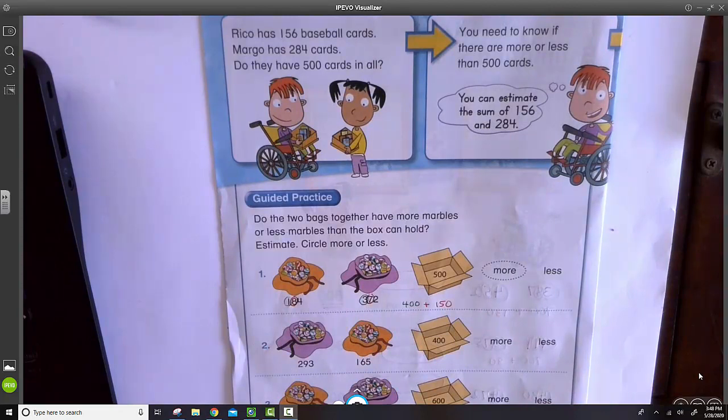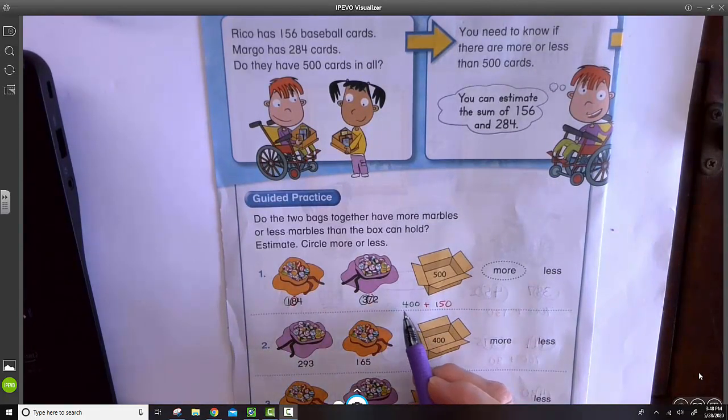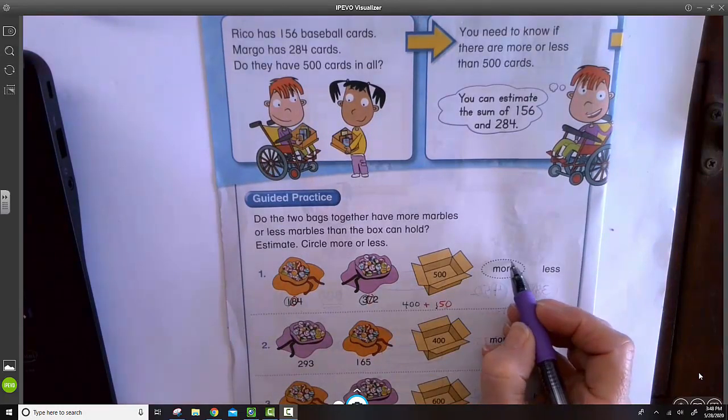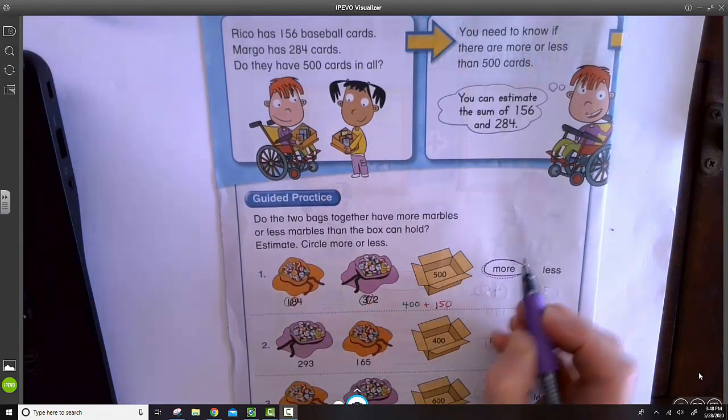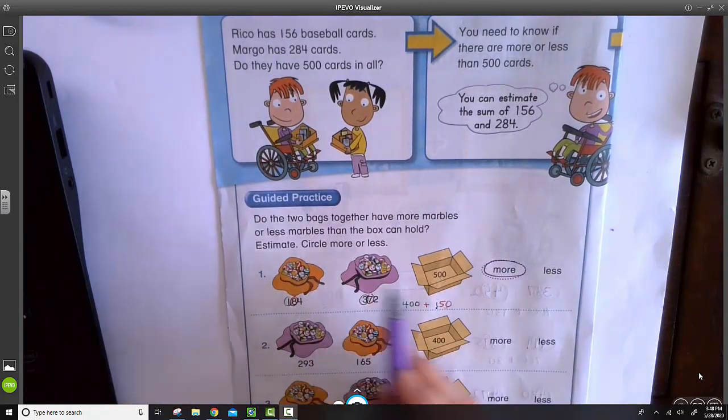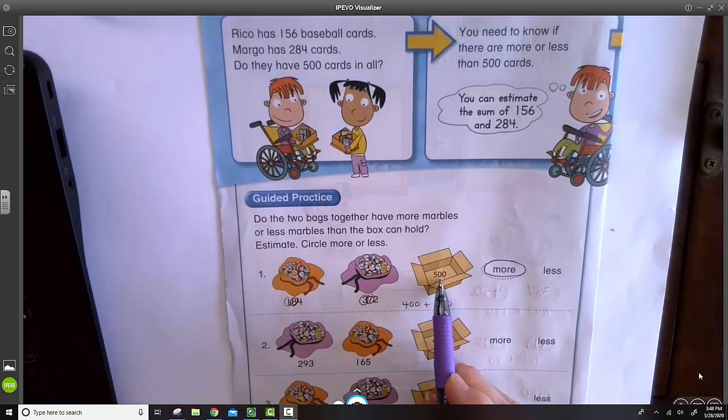You now are in a position to determine whether or not there would be more or less. We have 400 and 100. That's 500 right there, plus this additional 50. So these two addends of marbles would be more than the 500 found in the box.